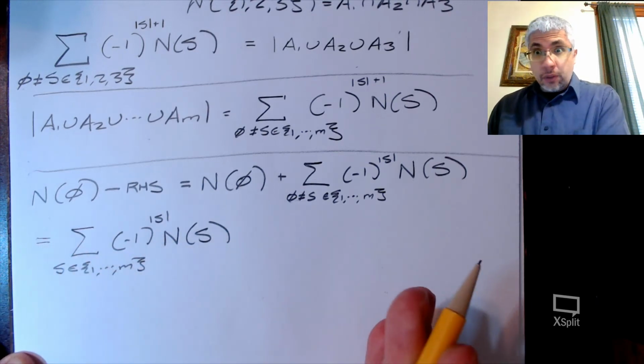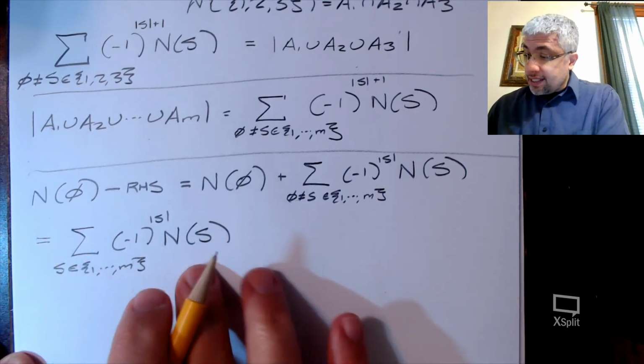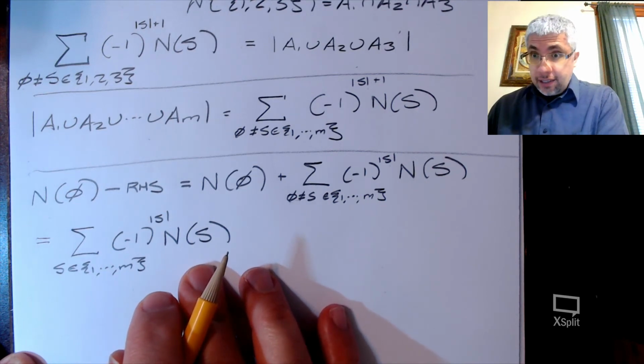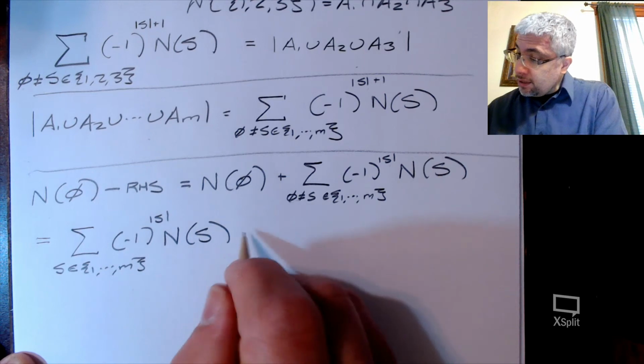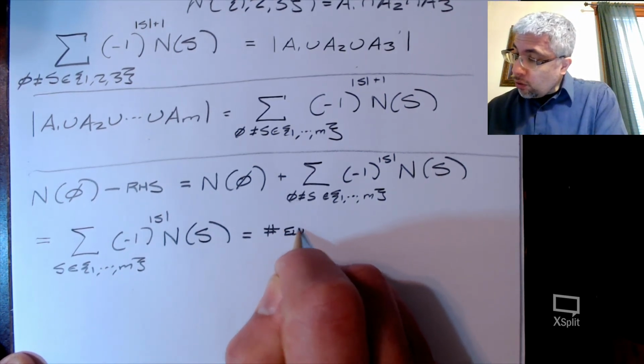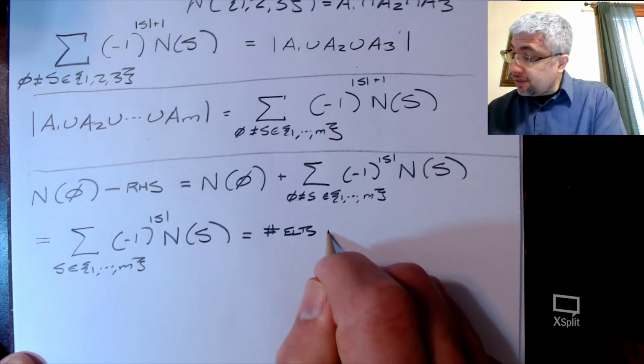So I have to say what this counts. And what this counts is the number of elements that aren't in any of our sets, or that meet none of our properties.